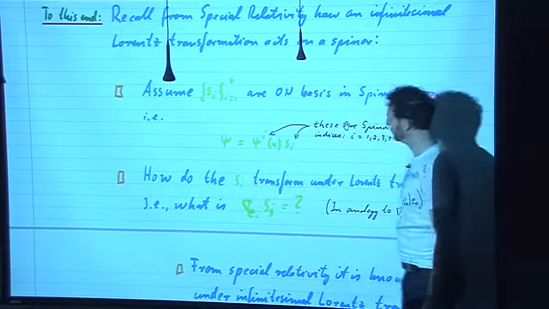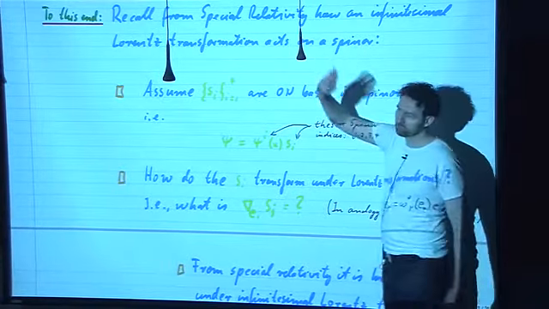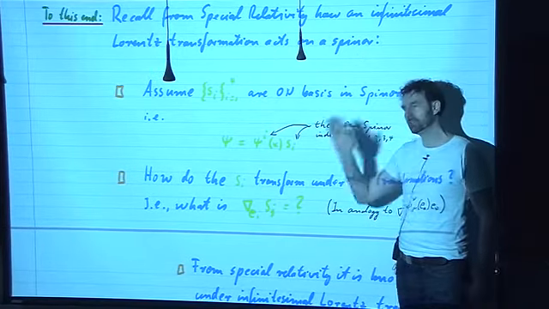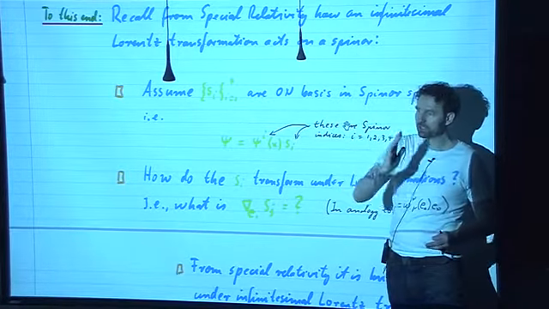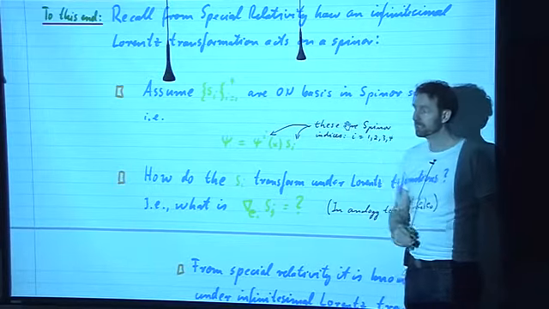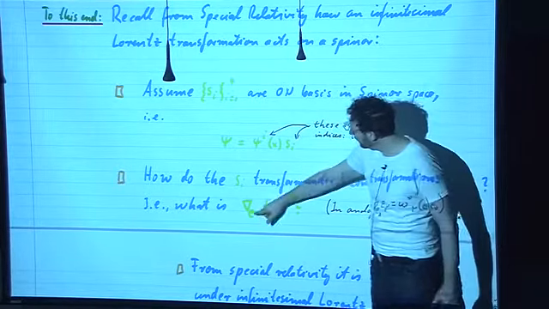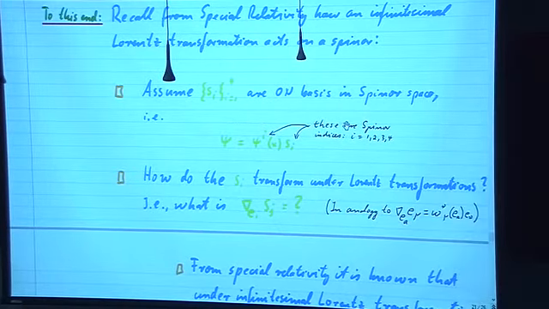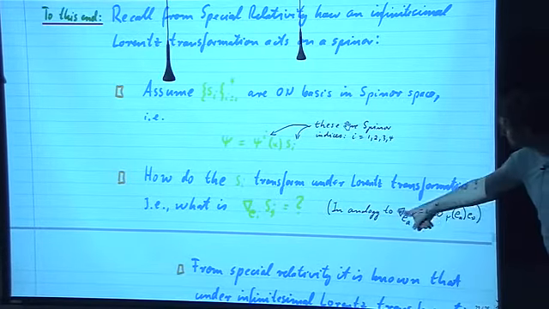Just like we earlier, a few lectures ago, defined how the covariant derivative in one direction acts on a tangent vector, a basis tangent vector, now we are studying how the covariant derivative acts on a basis spinor. This is analogous to this equation, right?